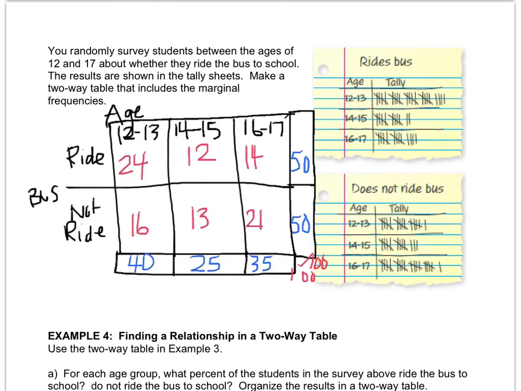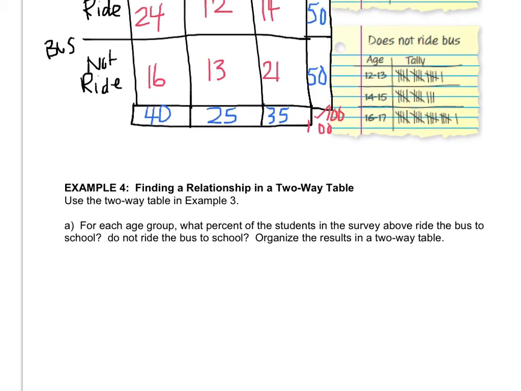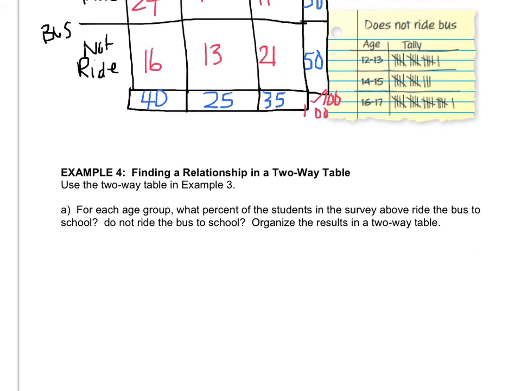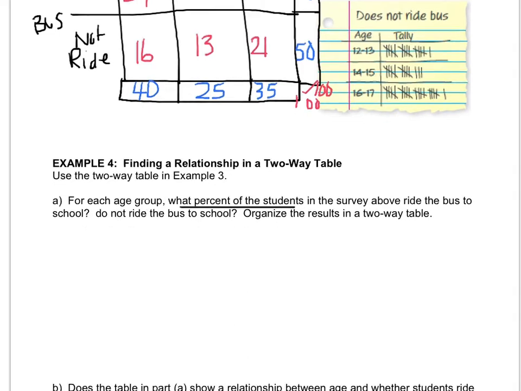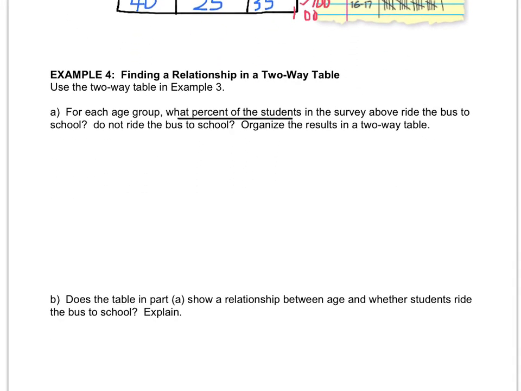Okay, so now let's move on to example 4. Use that two-way table to answer letter A. What percent of the students in the survey above ride the bus to school? Don't ride the bus to school, and we're going to organize it in another two-way table. So this setup is going to look the same.